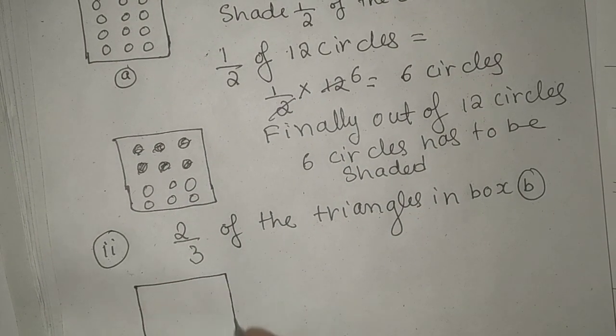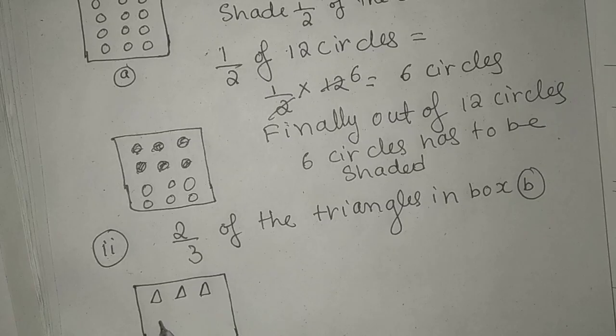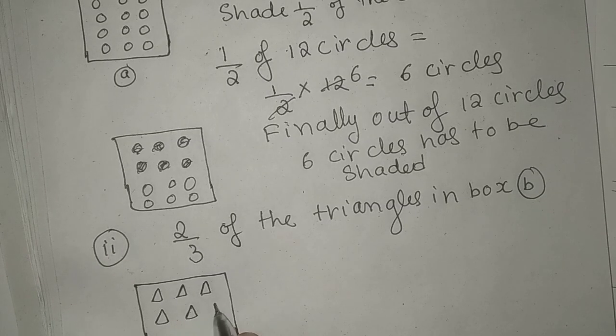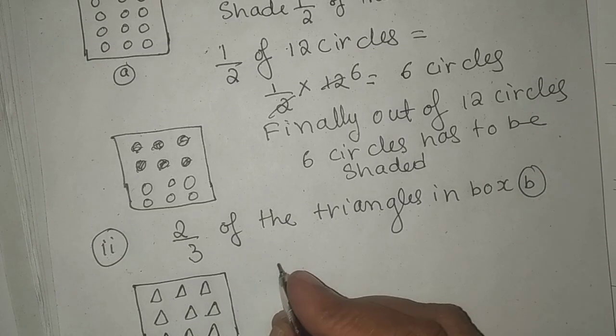Box B contains triangles. So many, 9 triangles are there in this box. So 2/3 we don't know how much it will be, so we have to calculate.